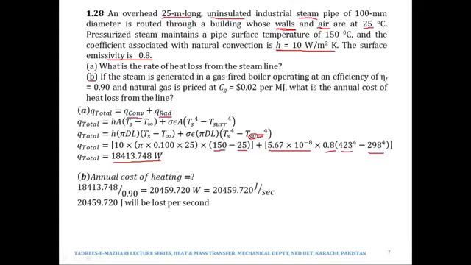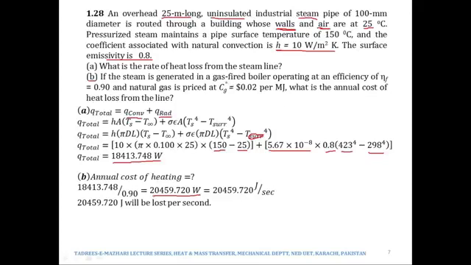Now this 18413.748 watts are being lost from the pipe, and this is being generated in the gas fired boiler, which is operating at an efficiency of 90%. So we will divide it by 90%. So in fact 20,459 watts would come under consideration.